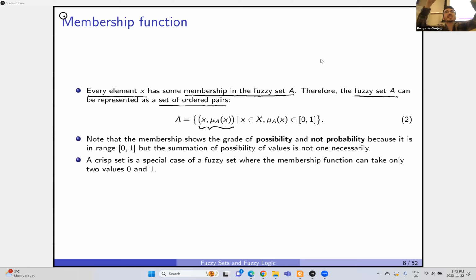We can show the set A as pairs of X and its membership, where X belongs to the universe, and mu A(x) is between 0 and 1, right? The membership shows the grade of possibility and not probability. This is important.